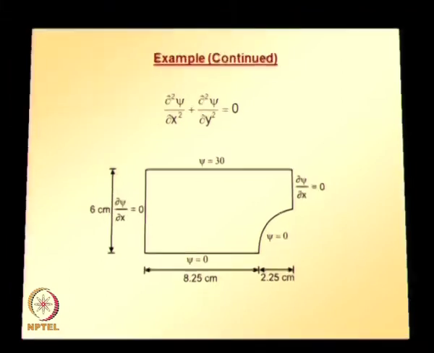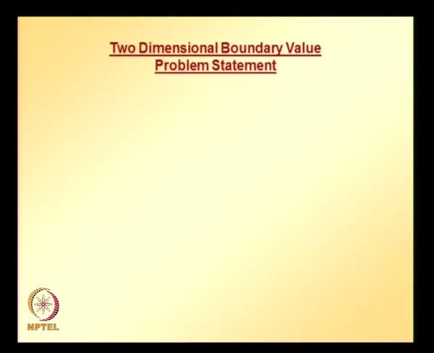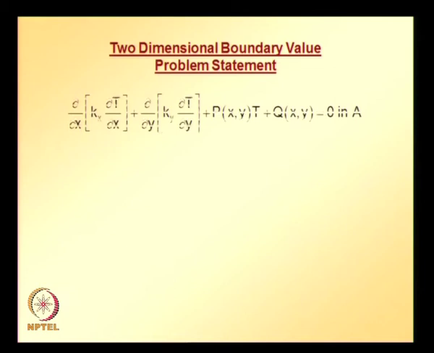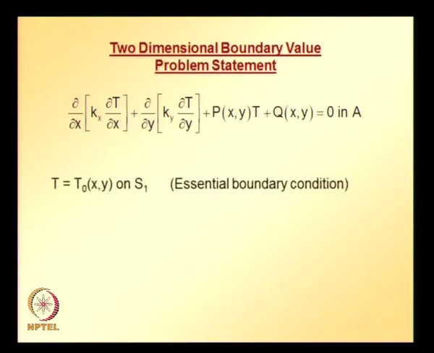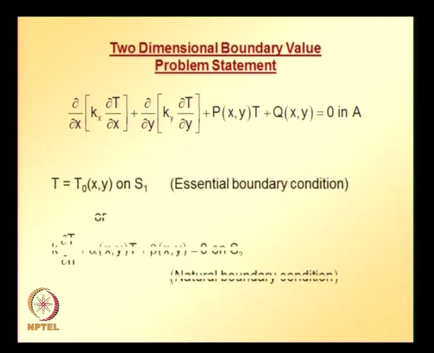So, let us look once again at the general 2 dimensional boundary value problem, the statement that we started out with, which needs to be satisfied over the domain A subjected to the essential boundary condition or natural boundary condition.